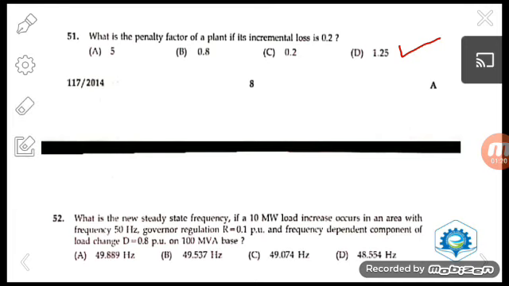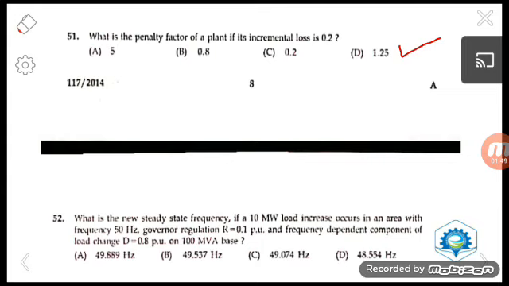And the next one is, what is the new steady state frequency if a 10 megawatt load increase occurs in an area with frequency 50 Hz, governor regulation R equal to 0.1 per unit, and frequency dependent component of load change D equal to 0.8 per unit on 100 MVA base.